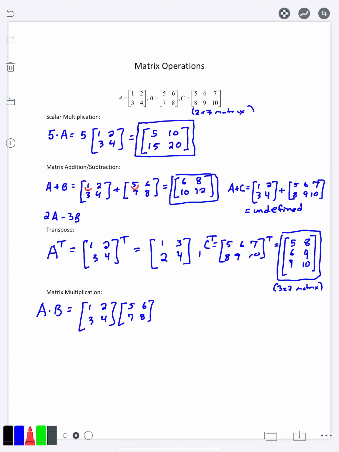So here's what's going to happen. You're going to take rows in the first matrix, and you're going to take columns in the second matrix. And if I combine the first row and the first column, then overall, that is going to give me the answer that is in the first row and the first column of the answer.